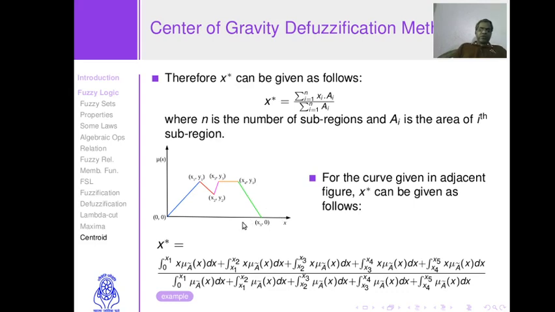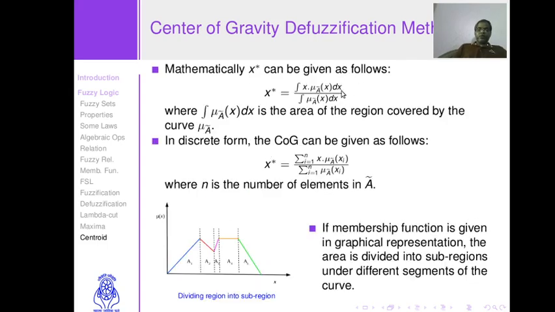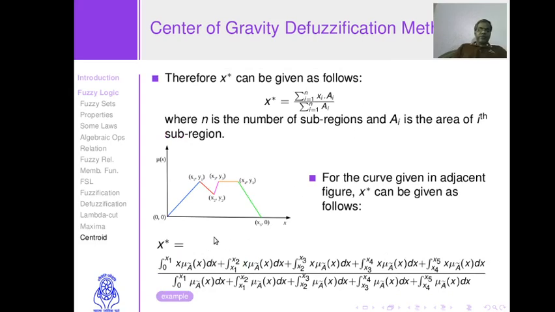In order to calculate this quantity x star, we can perform the operation in this way. For the blue segment, integration varies from 0 to x1 because the endpoints are (0, 0) and (x1, y1), so the x coordinate varies from 0 to x1.